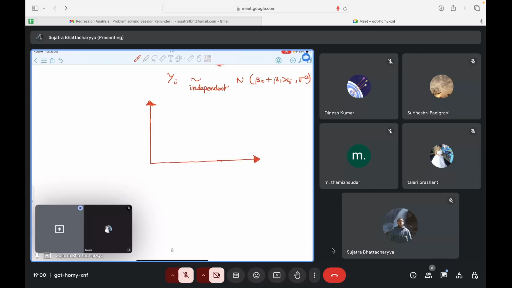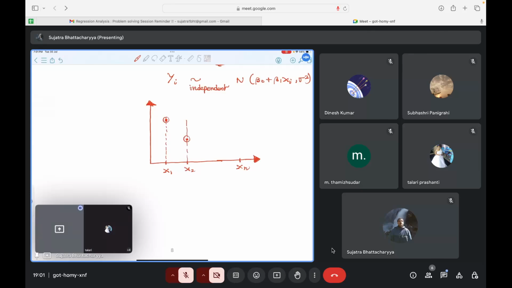Understand this plot, you will be able to see that everything is clear. This is x1, this is x2, and suppose xn. Some samples we have, and corresponding to that, we have some values, like somewhere, let's say here there is one value, and next is suppose here.